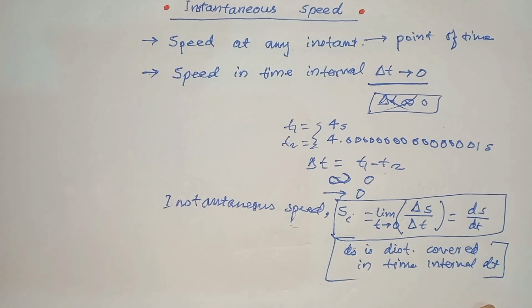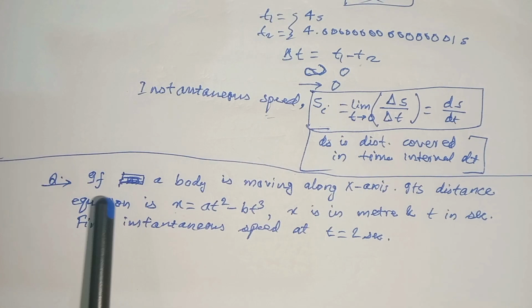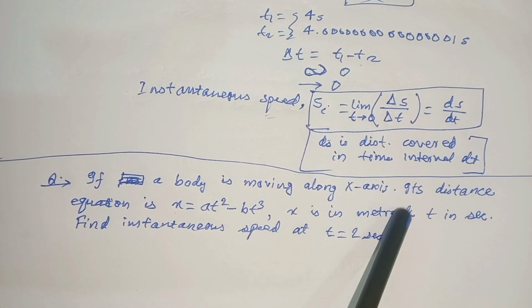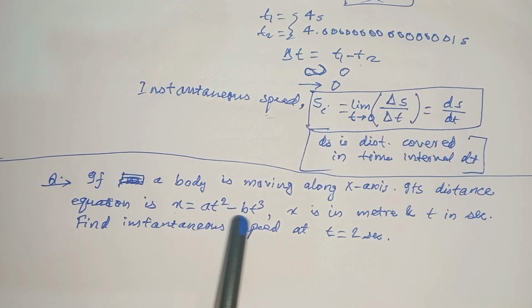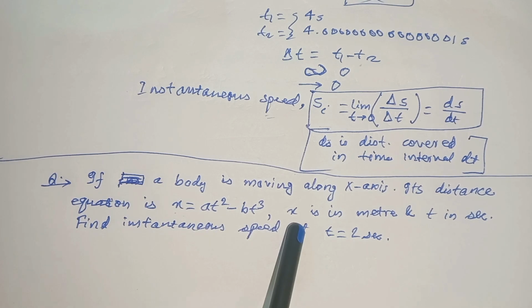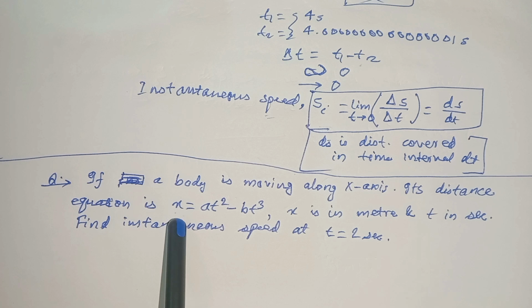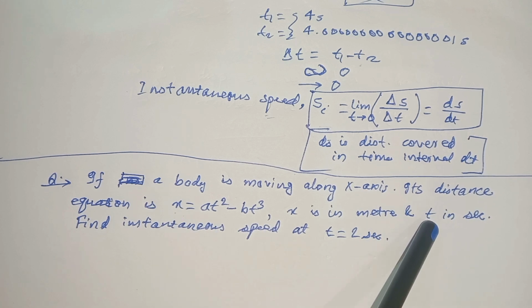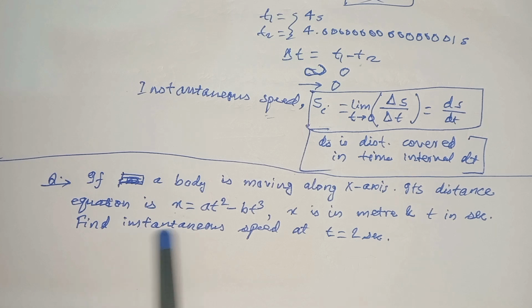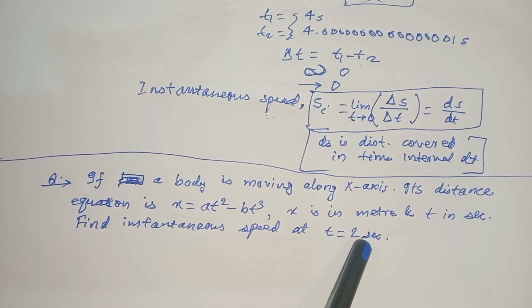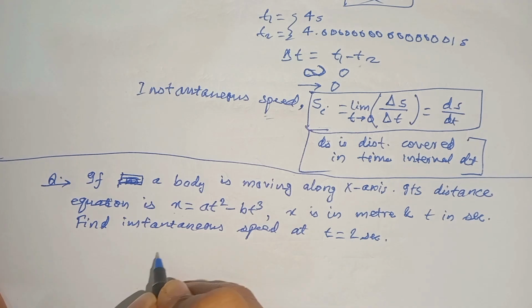So let's see one example. If a body is moving along the x-axis, its distance equation is x equals at square minus bt cube, where x is in meters and t is in seconds. Find the instantaneous speed at t equals 2 seconds. Then what is the formula for instantaneous speed?